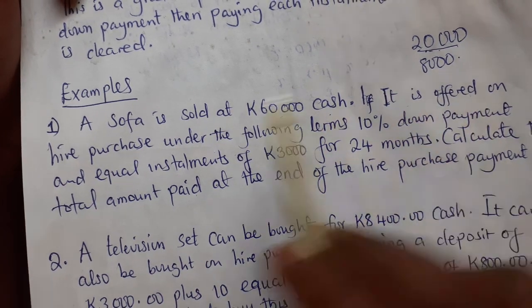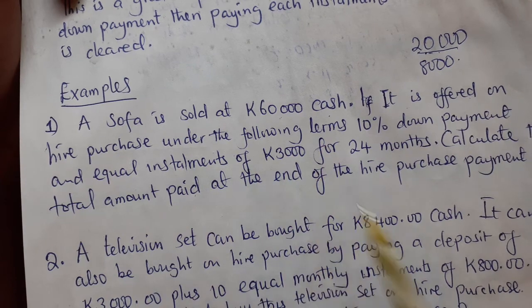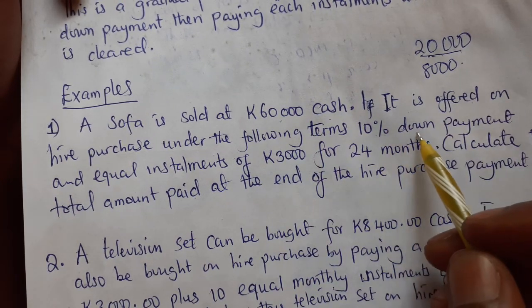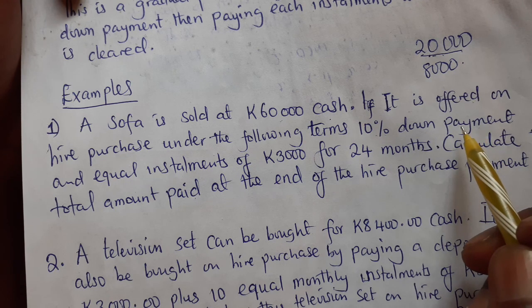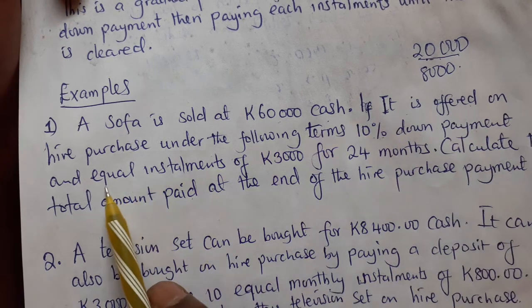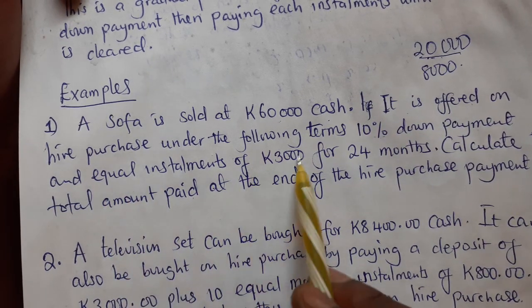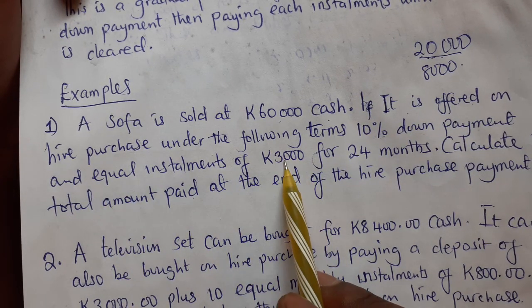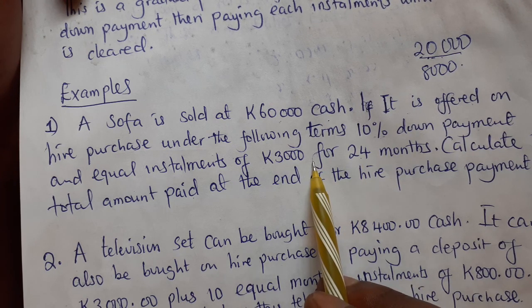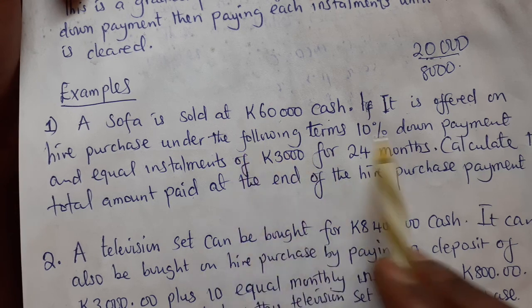It is offered on hire purchase under the following terms: 10% down payment, and equal installments of 3,000 for 24 months. These are the terms of hire purchase.